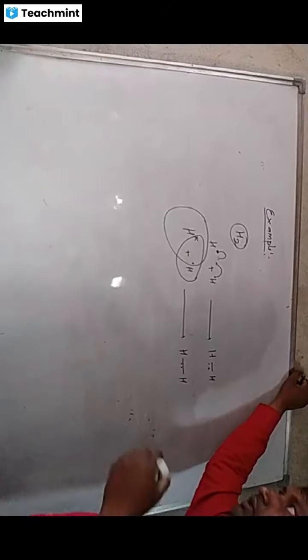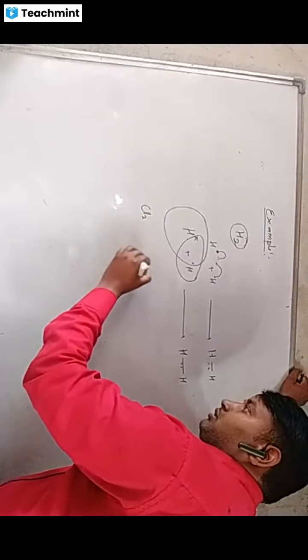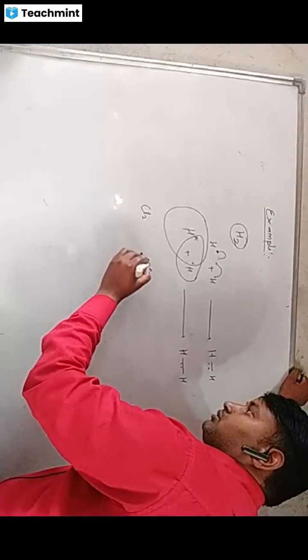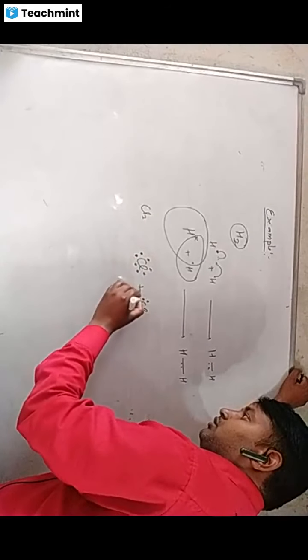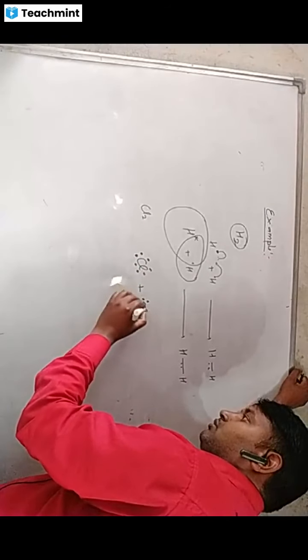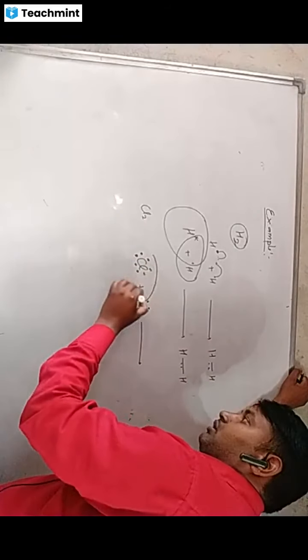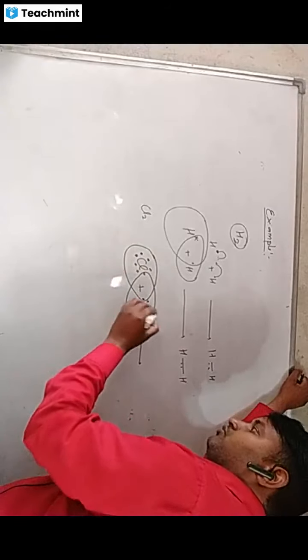Okay. Next example, Cl2. Cl has 7 electrons, and the second Cl also has 7 electrons. They share 1 electron.